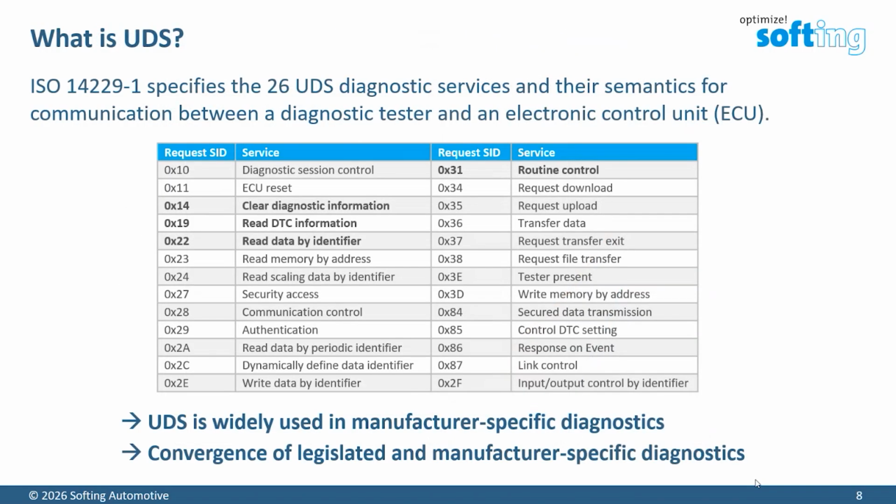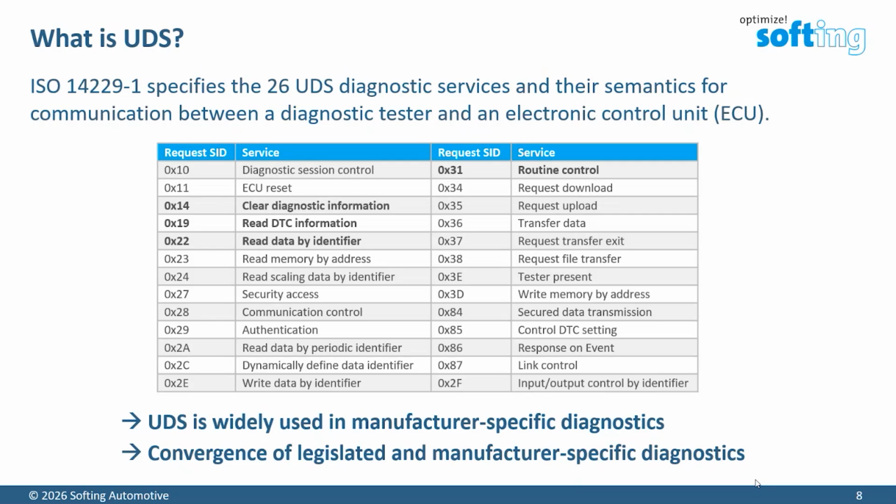We already heard about the regulatory adoption of UDS services in OBD, but what is UDS? The ISO standard 14229-1 specifies 26 UDS diagnostic services and their semantics for communication between a diagnostic tester and an electronic control unit.